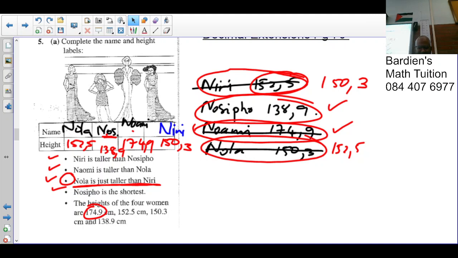Right, let's go to number 10 from the decimal extension. Okay, I have to explain that as well. So for homework, you got that long division.